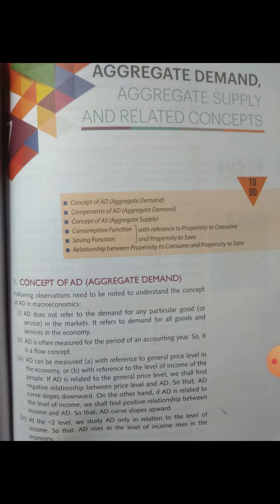It is a very common point. You can relate it with demand. If the price increases, demand decreases, so there is a negative relationship, and when the level of income increases, demand also increases. It is a positive relationship.